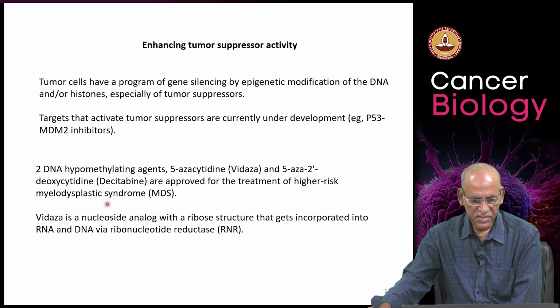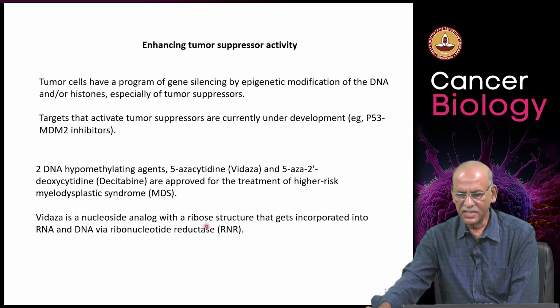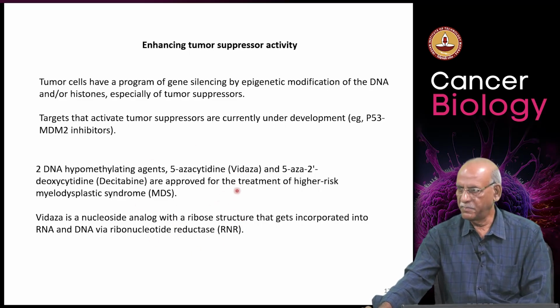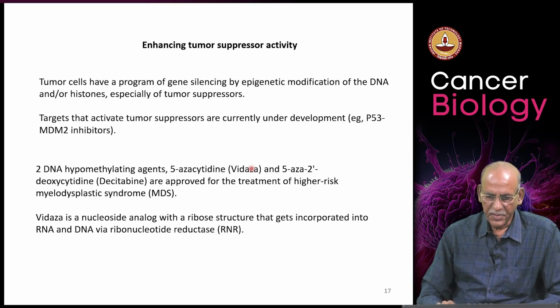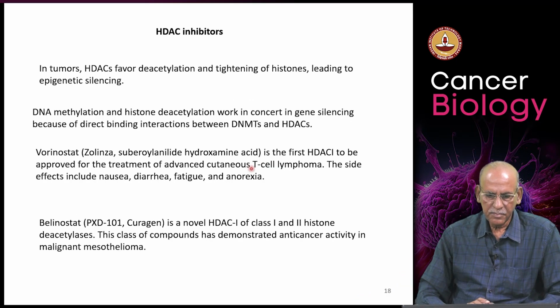There is another one which is a nucleoside analog, the ribose structure that gets incorporated into RNA and DNA via ribonucleotide reductase. So, these are all some of the ones which can help in activating certain tumor suppressors. We will look at the mechanisms later, right now you just understand.